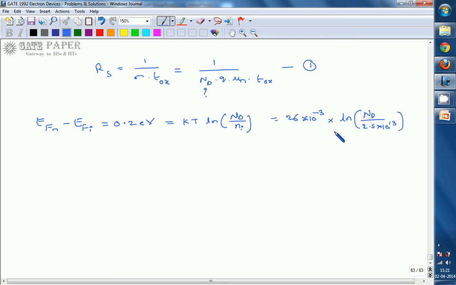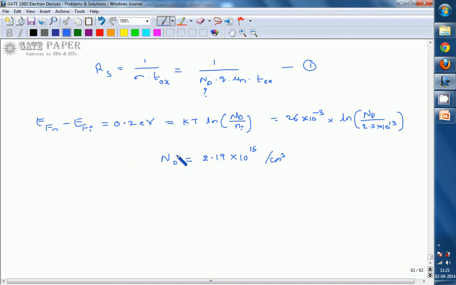So 0.2 is equal to 26 milli electron volts into natural logarithm of Nd by Ni, and we can calculate Nd from this. Nd is 2.19 into 10 power 16 per centimeter cube.